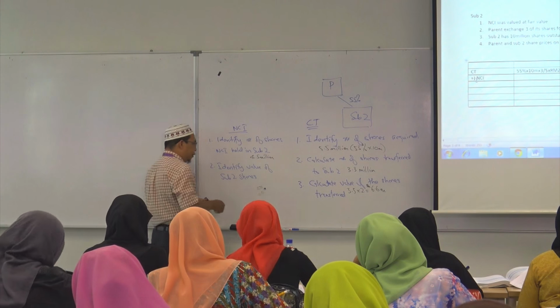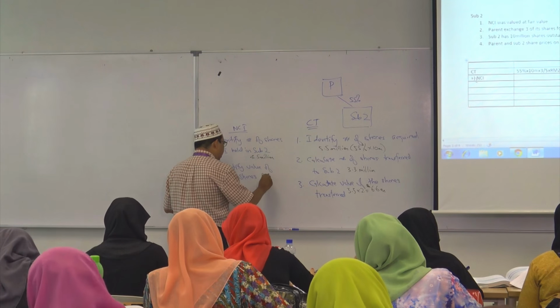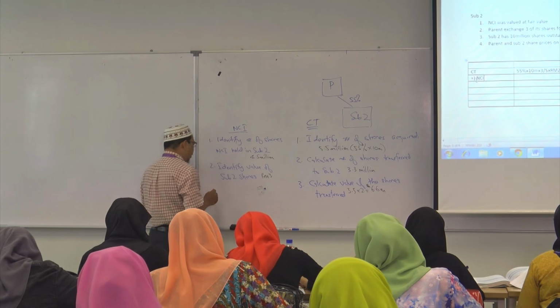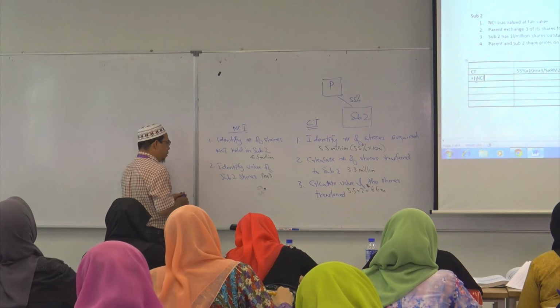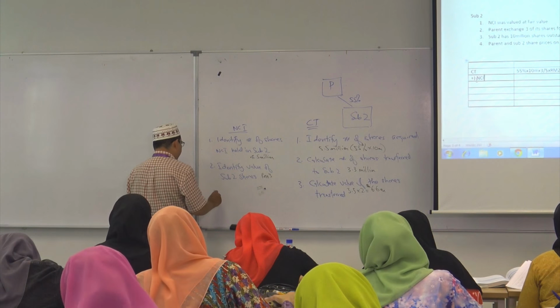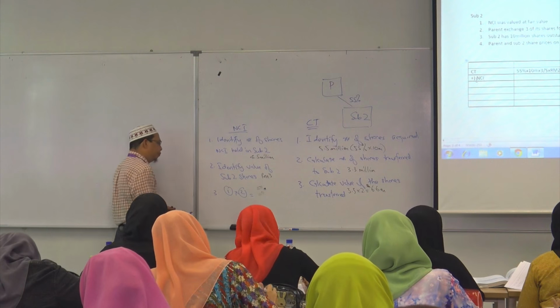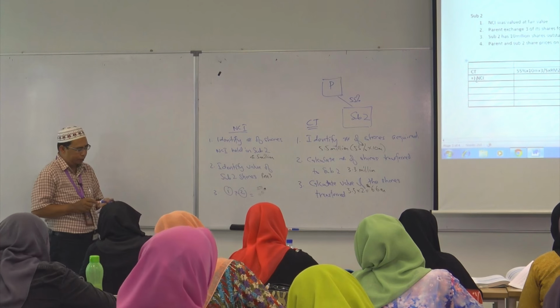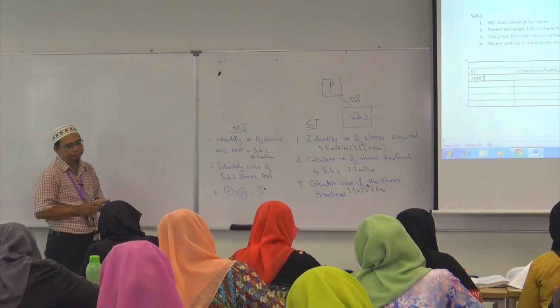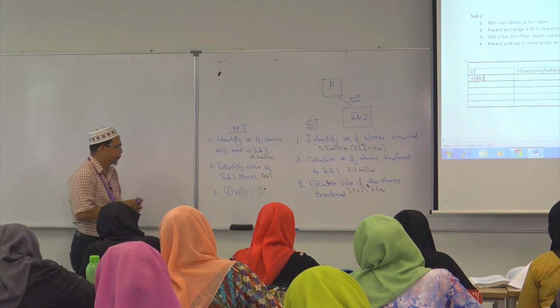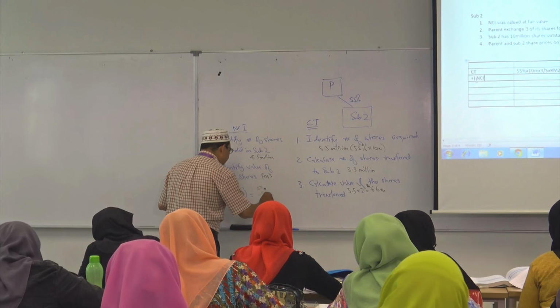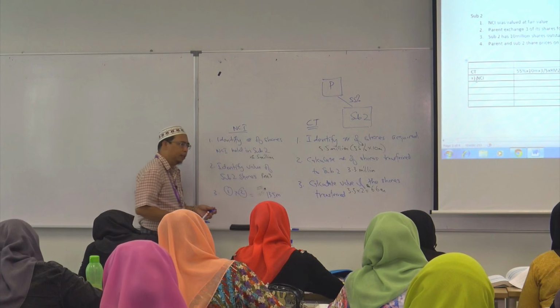RM3, isn't it? So number 3, 1 times 2: 4.5 million times RM3 each is 13.5 million.